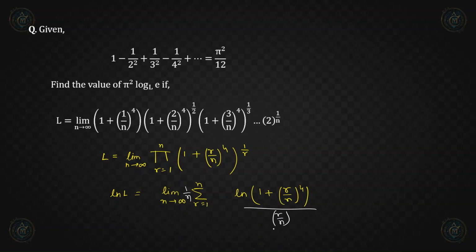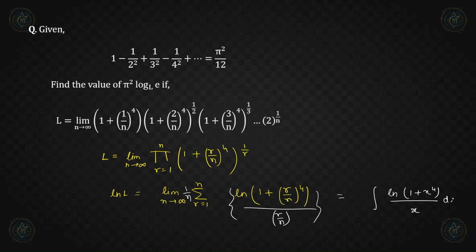This expression is in terms of r by n only. This is our f of r by n. So we replace the r by n with x and this 1 by n with dx and summation with integral sign. So this becomes simply the integral of log of (1 plus x) to the power 4 divided by x dx.